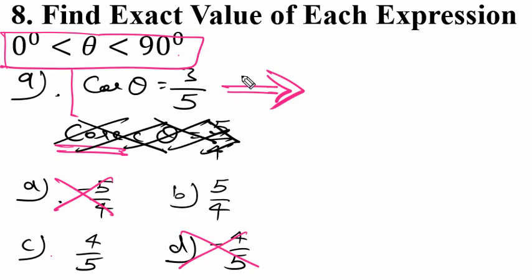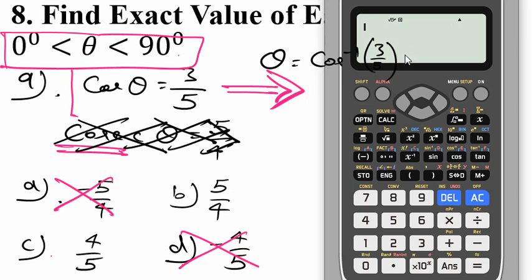Okay, so now from here I will use the inverse method. So theta is equal to cos inverse 3 over 5. I hope you know that, right? Now let me use the calculator. So theta is equal to cos inverse. How will I use cos inverse? Shift, and here we are, cos inverse.